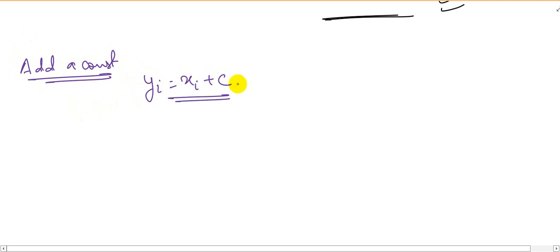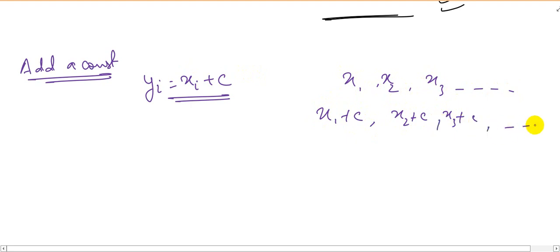All the values x1, x2, x3 and so on are now becoming x1 plus c, x2 plus c, x3 plus c, and so on, and we will take these as y1, y2, y3 and so on. So what is the effect of all these things which we did here?